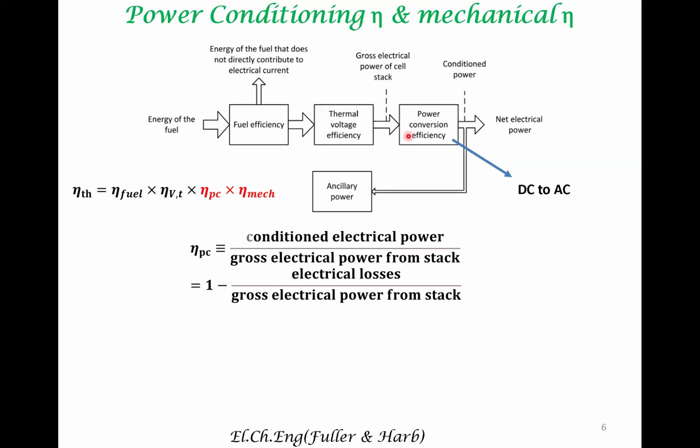So these two quantities are indicated here. So the efficiency associated with these two subcomponents. So this power conditioning is associated with DC to AC conversion that has certain electrical losses. So the conditioned electrical power, that is the output here, divided by the gross electrical power produced from a fuel cell stack.